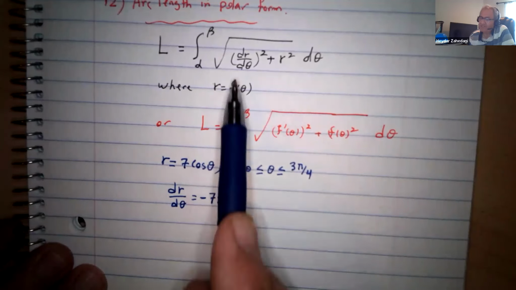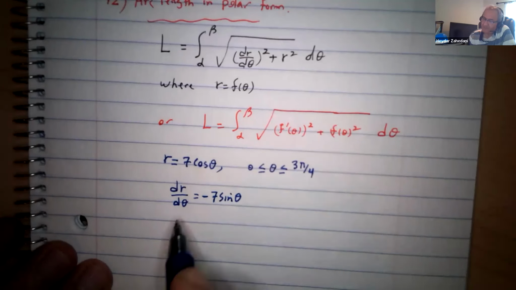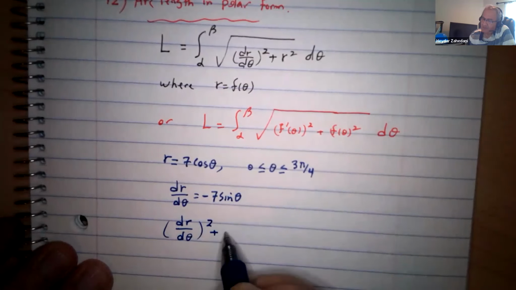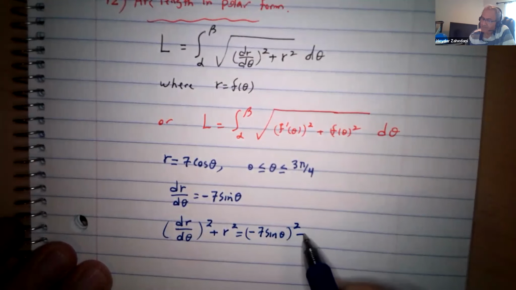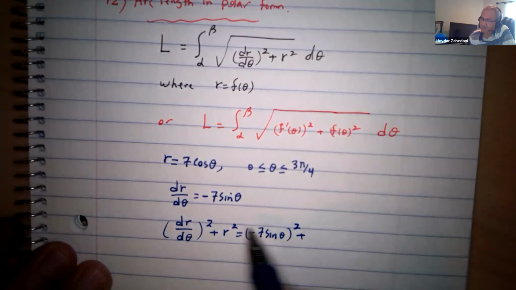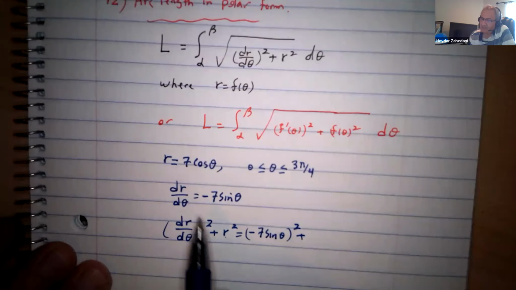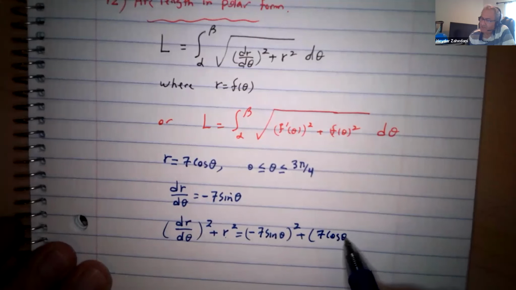We can simplify it first and go to the inside of that radical. That will help you. So what is (dr/d theta) all squared plus r squared? It's going to be negative 7 sine of theta all squared, yes, that's the derivative, plus r squared, 7 cosine of theta all squared.